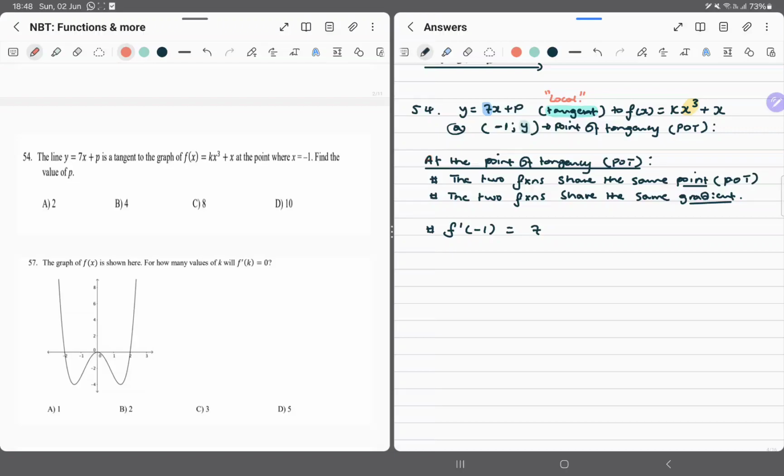Okay, so I'm moving fast, guys. So this implies if we work this out, we get 3kx squared plus 1 is equal to 7. This implies that we've got 3k.